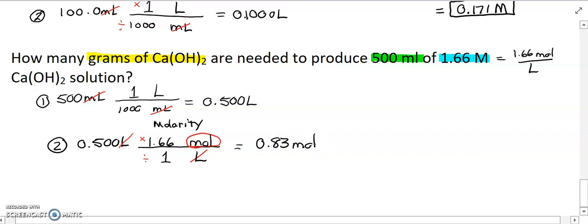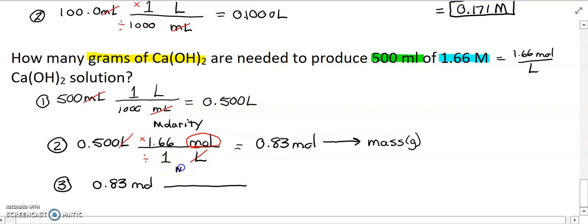Well, I'm not done with the problem yet because I need to take those moles and turn them into a mass in grams that the question is asking me for. So one more additional step is I am going to take those 0.83 moles, and I'm going to turn them into grams, and that uses a molar mass.